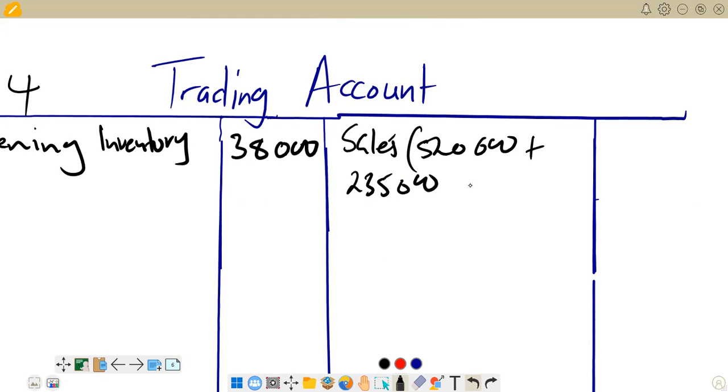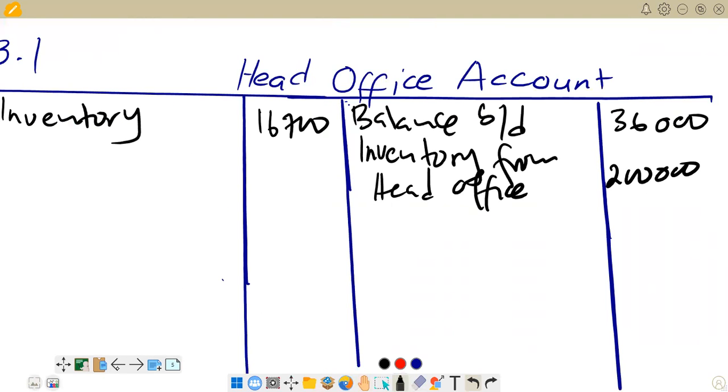And then you subtract the returns now, which is 9,060. And then when you do that, the answer that you get is 745,940. Right. This is what we have, and then we go on to check what we have next.